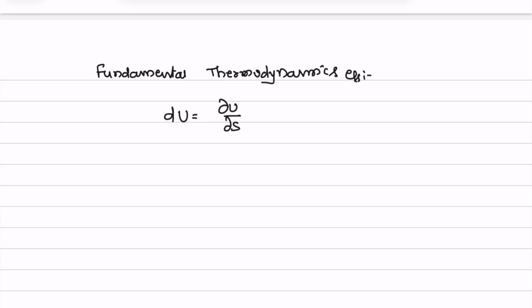Fundamental thermodynamics equation. You please see that this equation is dou U by dou S into dS plus dou U by dou V into dV plus dou U by dou n into dn.